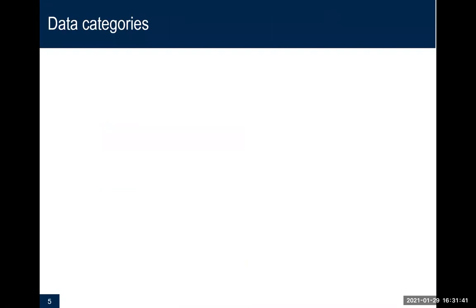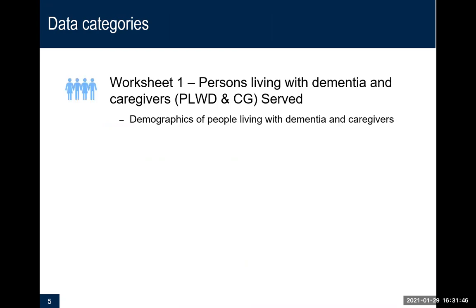So let's take a look at the 3 worksheets of data that you'll be reporting. The first is where you will report data on people living with dementia and caregivers to whom you're providing services. We collect demographic data on various categories such as age, race and ethnicity, gender, geographic location, military status, living situation, and caregiver relationship.